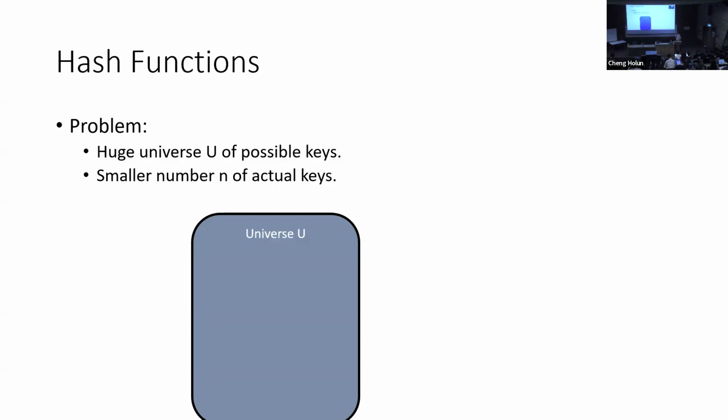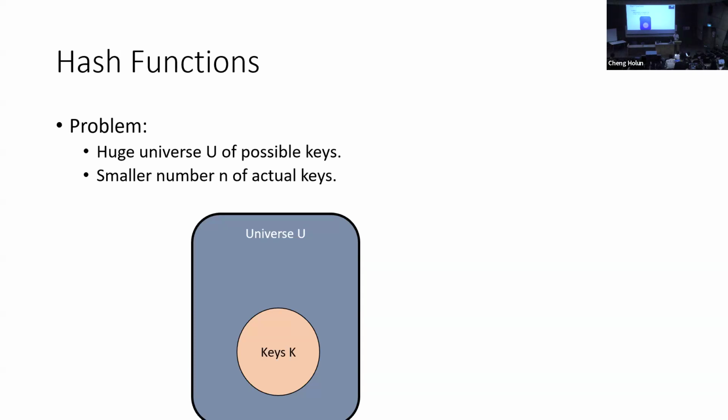We want to map this into a table, but actually you know that in the real world, we don't use all of them. There's actually no person in the world whose name is A, right? And there's no person in the world whose surname is W. So even though W is a possible key in this universal set, we don't use all of them. The usable set is a very small set of words.